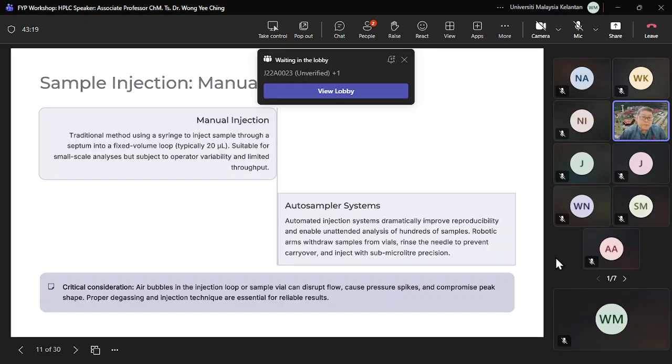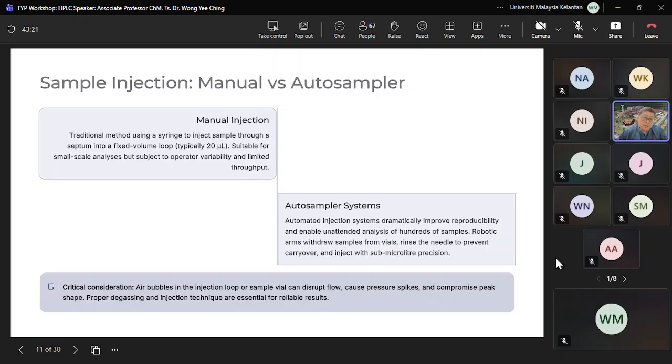Okay, moving on, your sample injection, whereby it's very important so that you can inject your sample into the column by two ways. One, you inject it manually. One will be using the auto sampler. But whatever that I've noted, if you got a single or just a few samples that you want to run the test, basically you are going towards the manual injection.